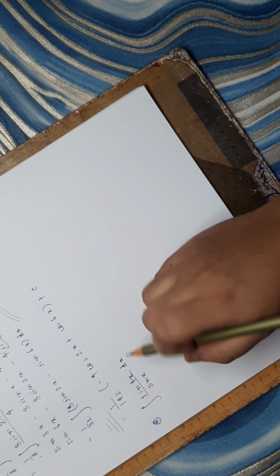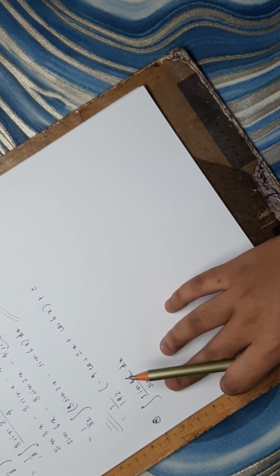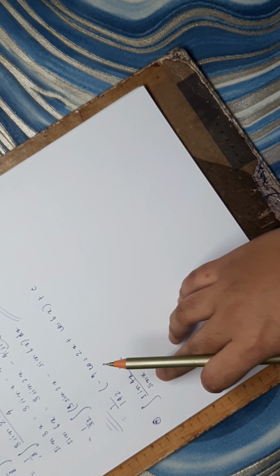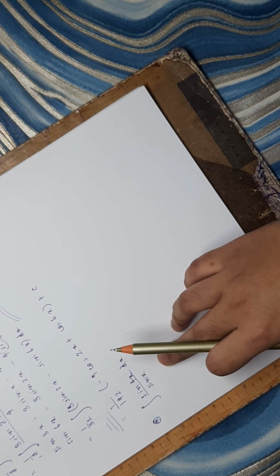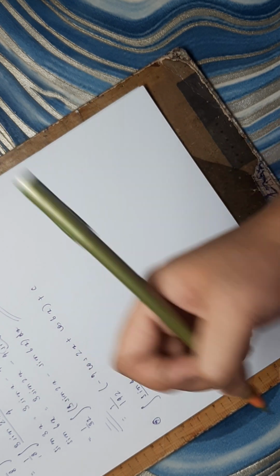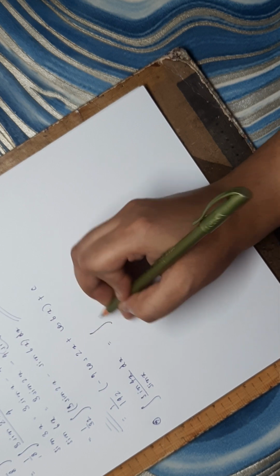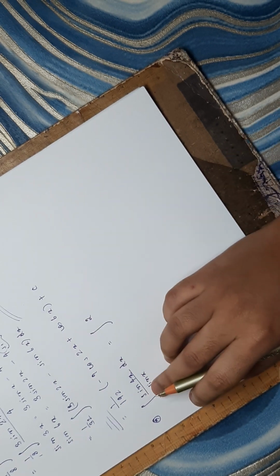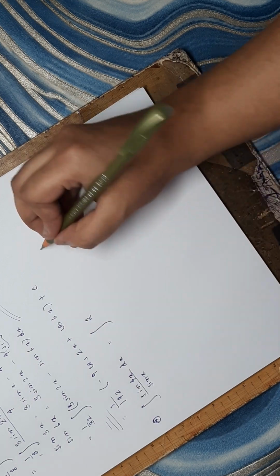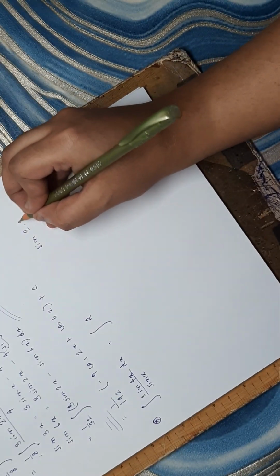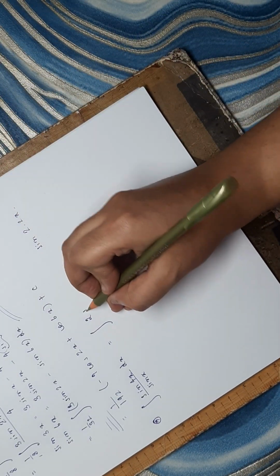So this is the integration of sine 4x by sine x, okay? How will you approach this problem? This is a problem which is simply based on trigonometry. This is sine 2.2x, right? So what we will get?